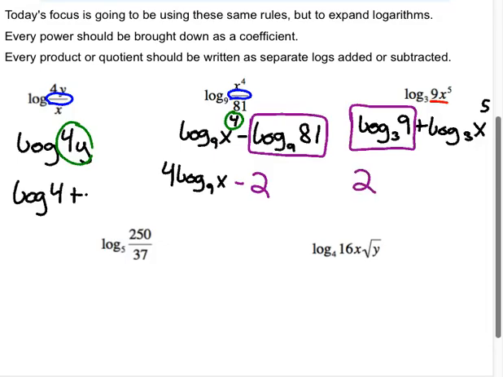That's going to be 2. So mid-problem, sometimes I'm going to have to be able to evaluate a logarithm. And now I see this exponent. So I do want to make sure I remember to bring that exponent down as a power. Just like that.